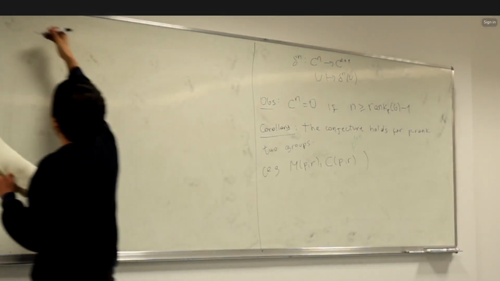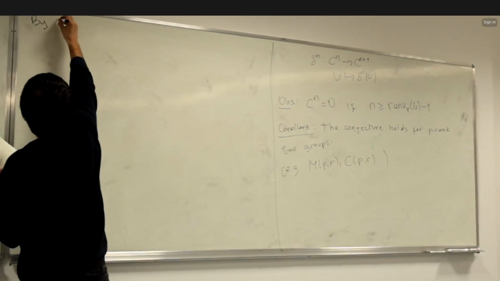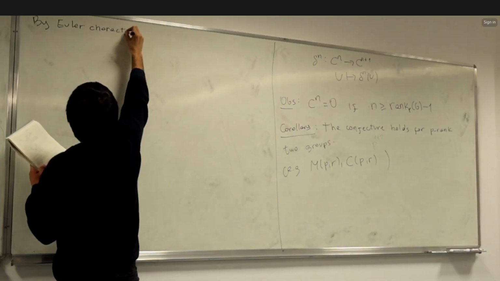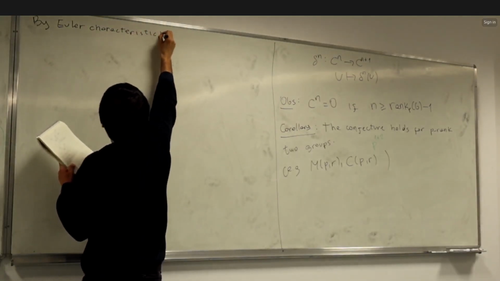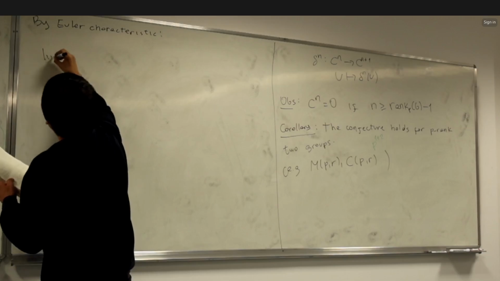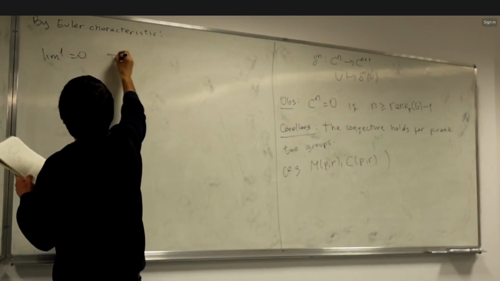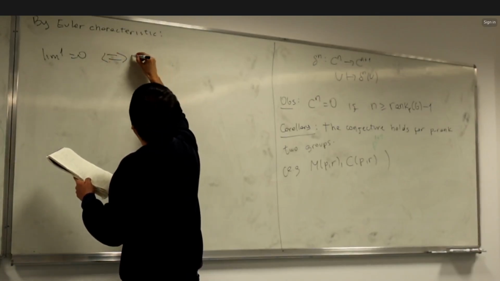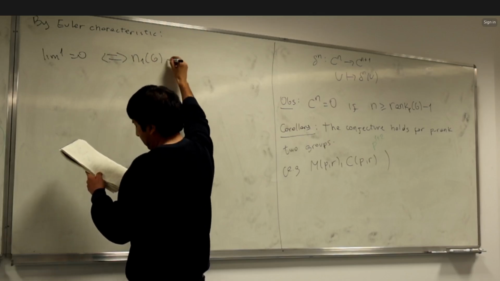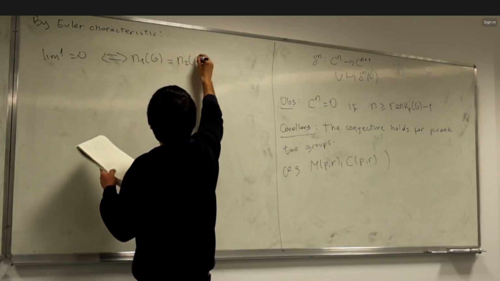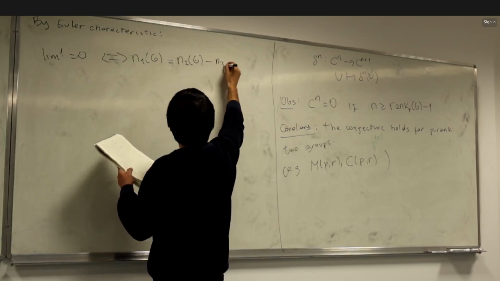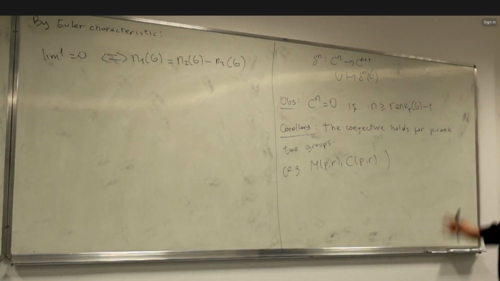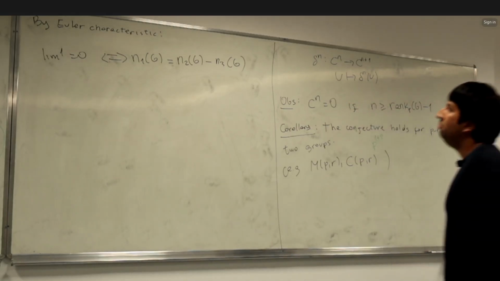Okay, by Euler characteristic, lim 1 vanishes if and only if n1 of G equals n2 of G minus n3 of G. Okay, this is like a reduction of the problem.